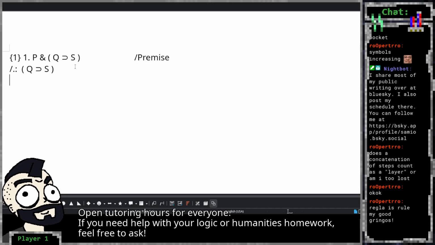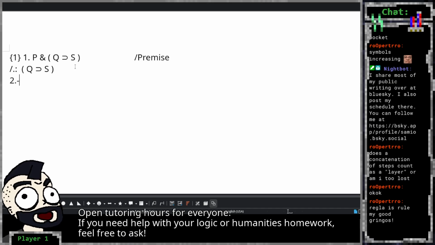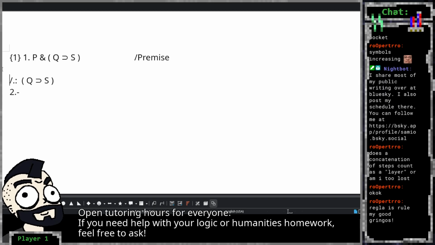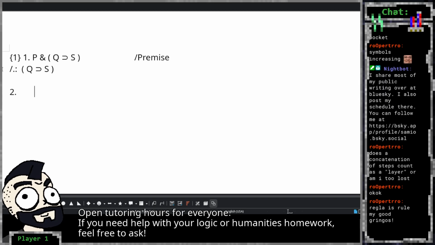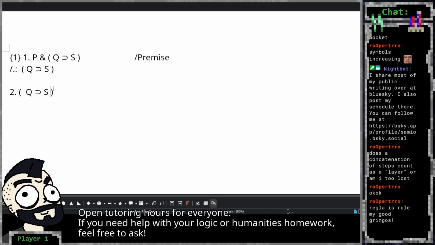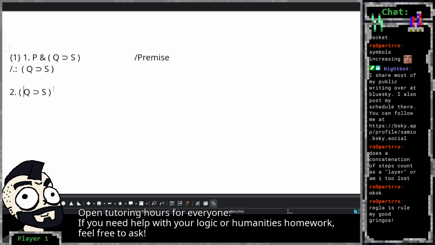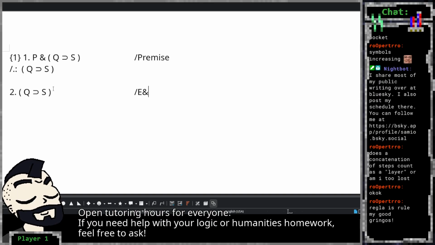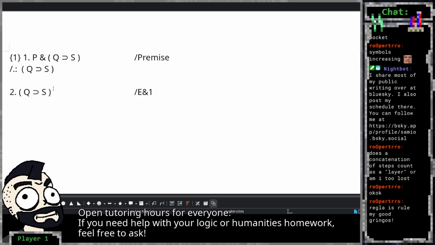And this proof is going to be very simple because in step 2, I can just say, hey. In fact, I can literally just copy and paste. And say, hey, this. Why? Because I can do the elimination of the conjunction situated at 1.